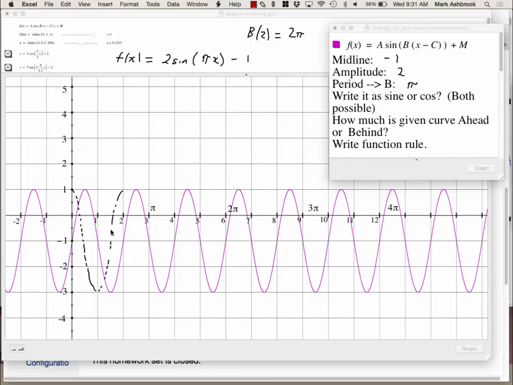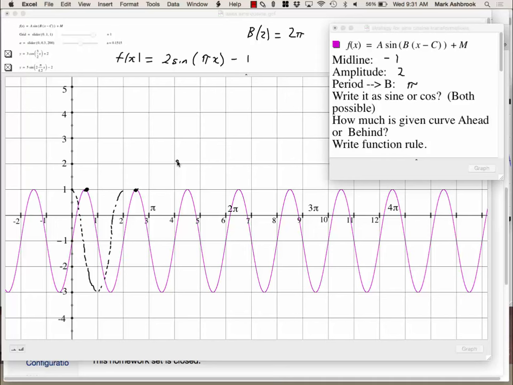You look for the closest cycle of cosine that looks just like that, the closest one. So the closest one that I see starts here and ends here. So that, what we have, is it ahead or behind the unshifted cosine?